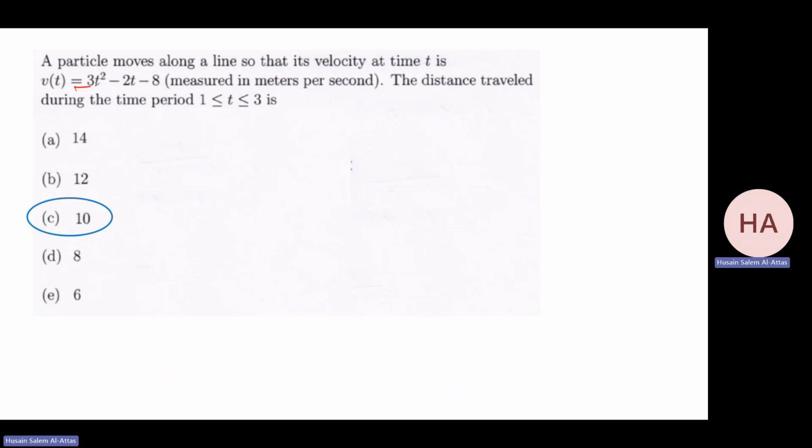This is my v of t. You want the distance, total distance. Total distance will be the integral from 1 to 3, absolute value of v of t dt.